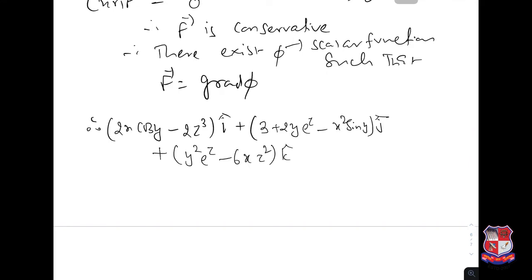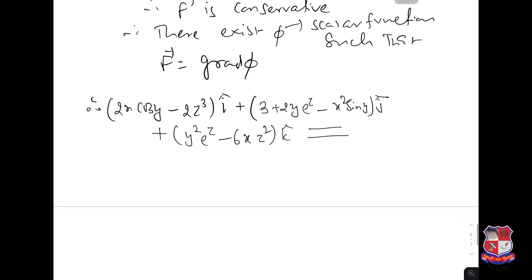Okay, this is our f only, and equal to gradient of phi. So that means del phi by del x i plus del phi by del y j plus del phi by del z k.